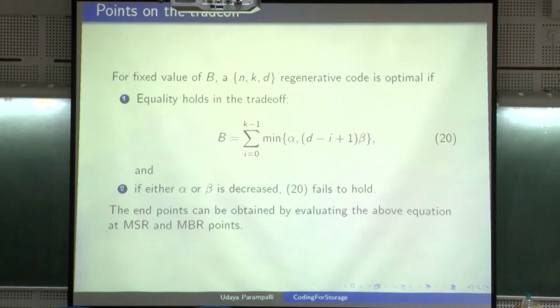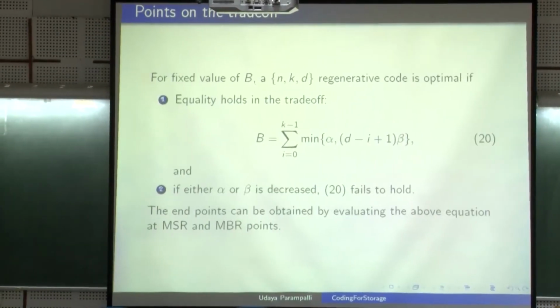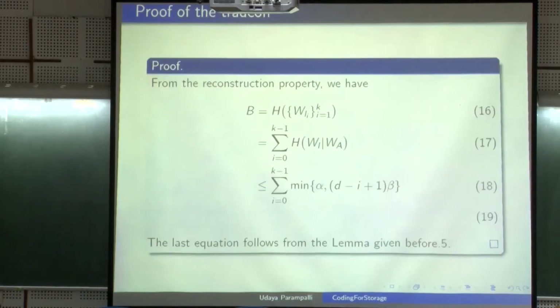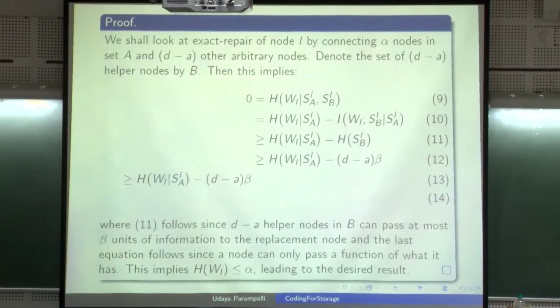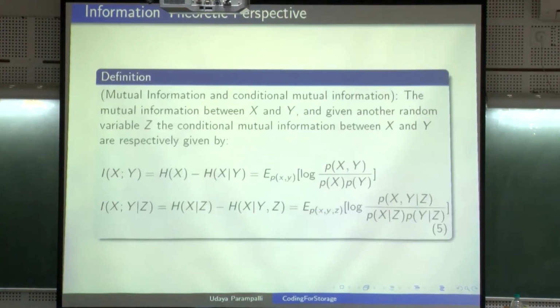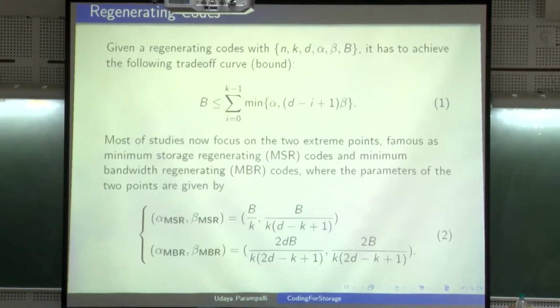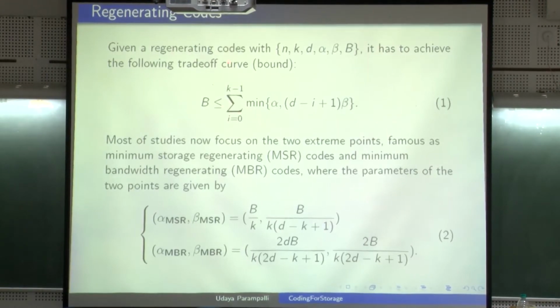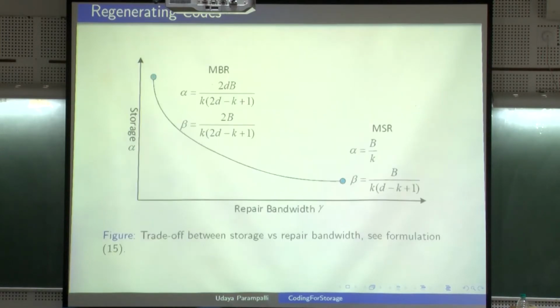So here B is the sum over i from 0 to k minus 1 of the minimum of alpha and (d minus i plus 1) beta. This is what we proved as well. Look here, this is the result: i equal to 0 to k minus 1, the minimum of alpha or (d minus i minus 1 plus 1) beta.